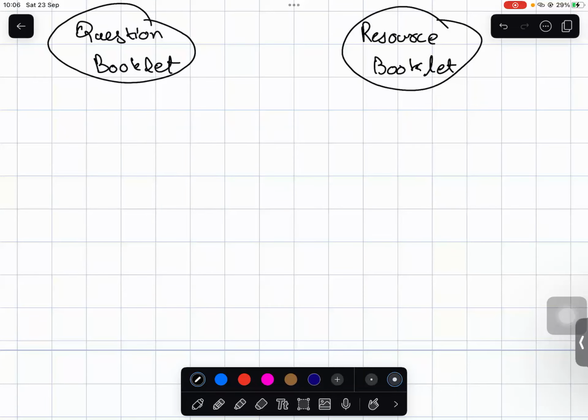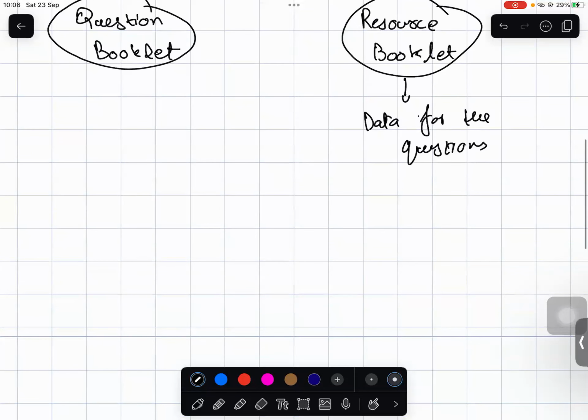In this resource booklet, you will have the data for the questions. In the next class, I'll try to show you an exam paper so that you get some better idea. So basically, you will write your answers in the question booklet, and the questions will be written on the question booklet itself.